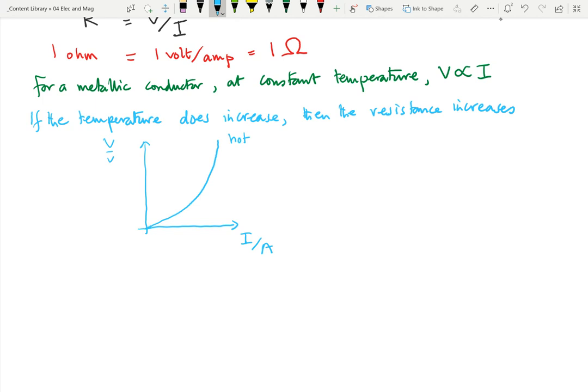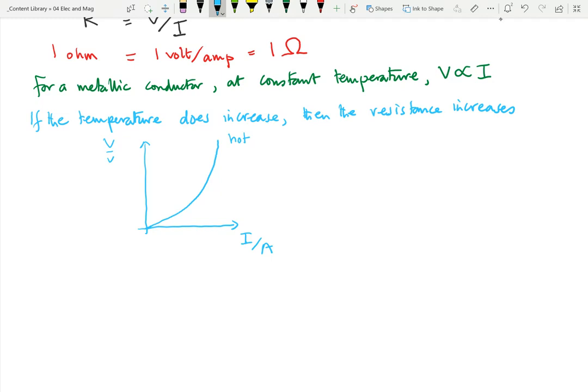So what's happening is that the current is causing the filament of a light bulb to get hot. Because that's what we want with a filament light bulb. They've largely been replaced these days by LEDs, which are much more efficient. In other words, they give out a lot more light for every joule of energy that's given to them. Unfortunately, a filament light bulb gives out mostly heat.